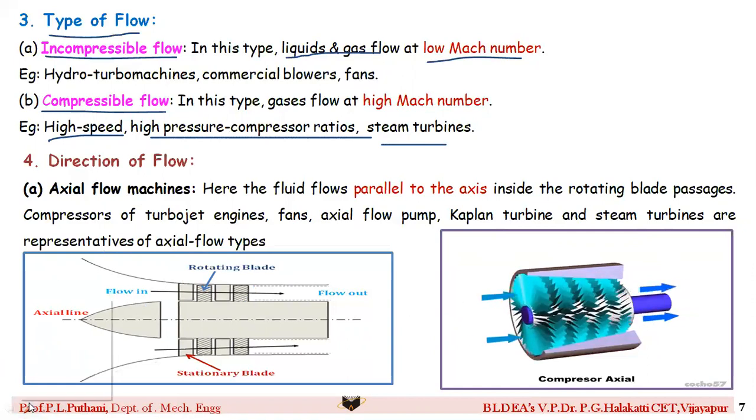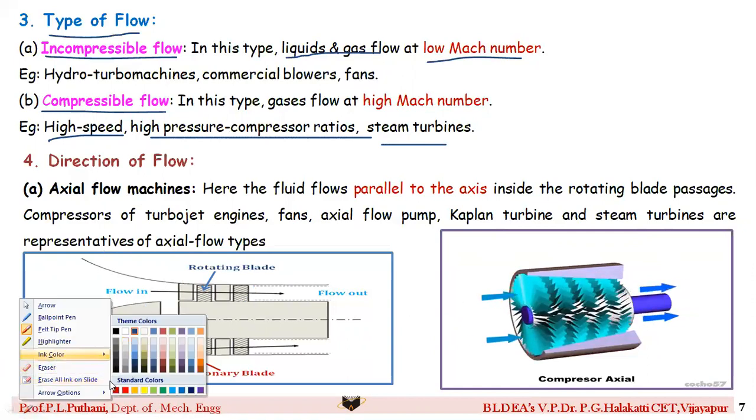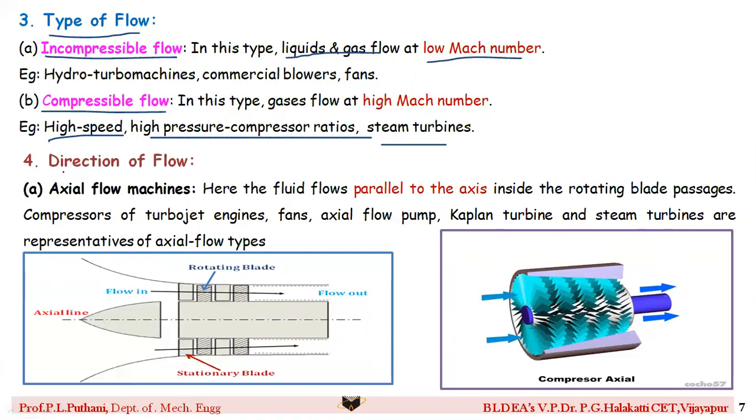Then the fourth factor is regarding the direction of flow. If you observe the picture below, the fluid is flowing in this direction and the shaft is here, rotating along this particular axis. There is a rotating blade, and at the side we have a stationary blade.